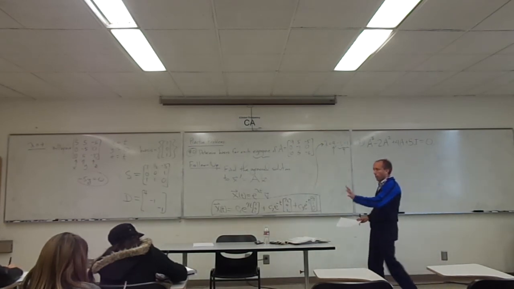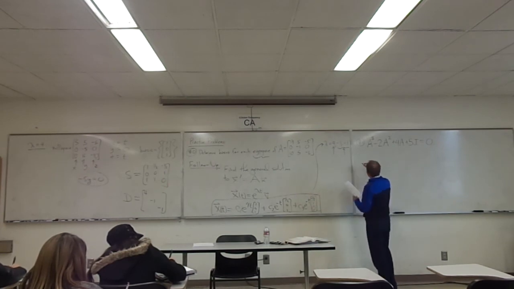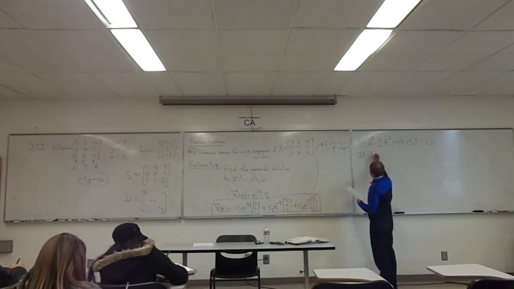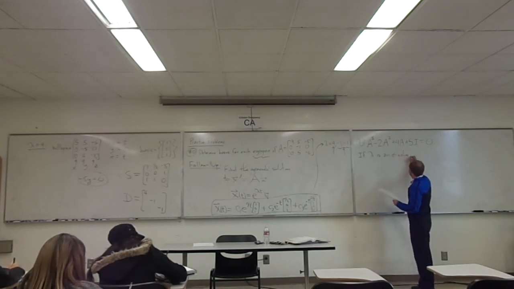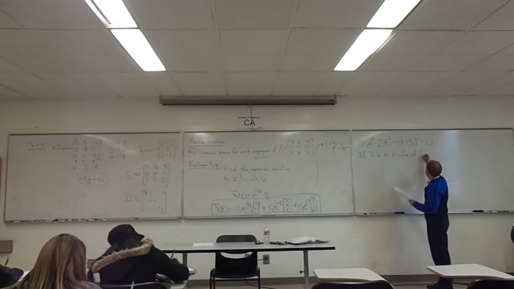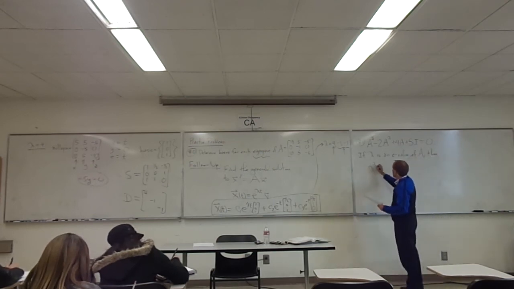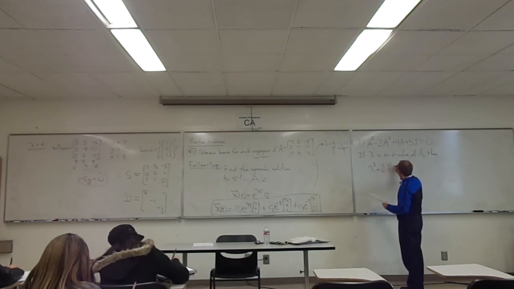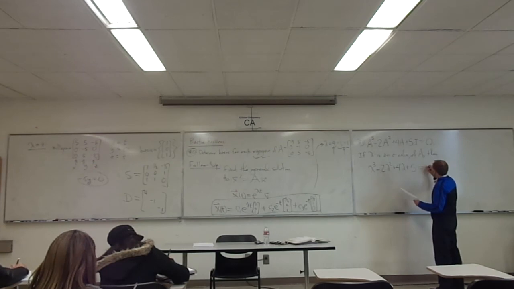This is just a quick little theoretical example. What I want to do is show that if lambda is an eigenvalue of A, of course, then lambda cubed minus 2 lambda squared plus 4 lambda plus 5 is equal to 0.